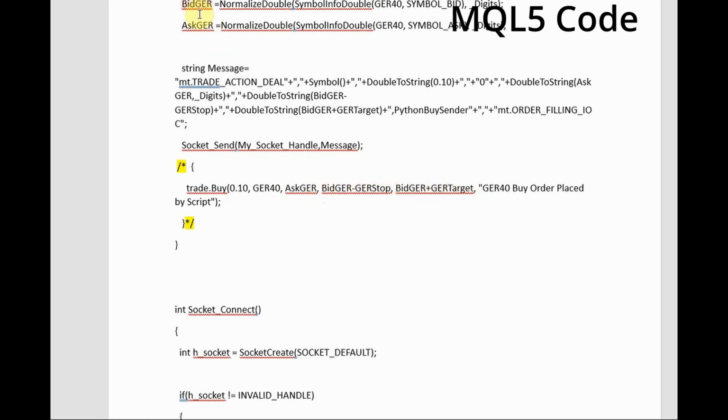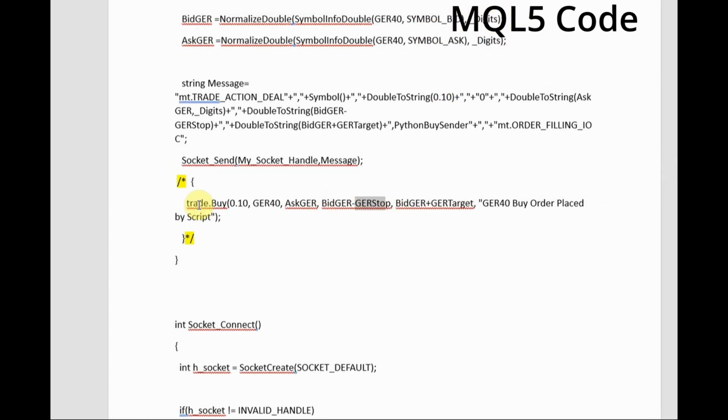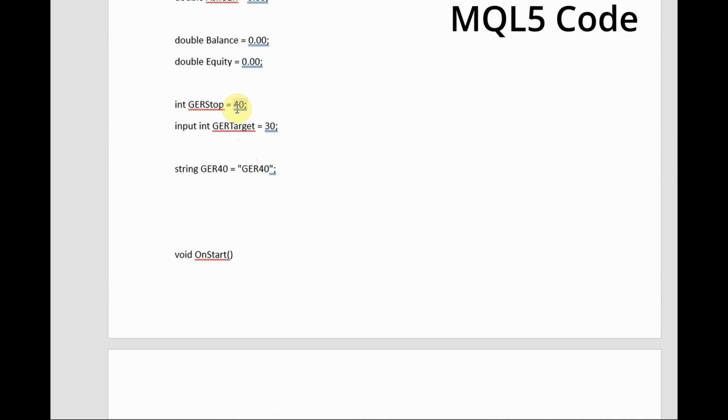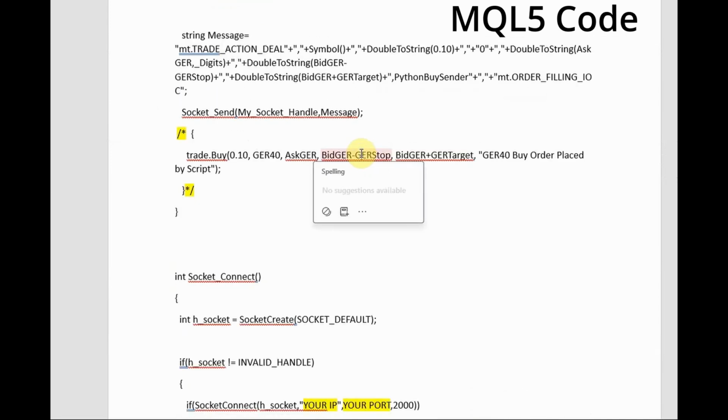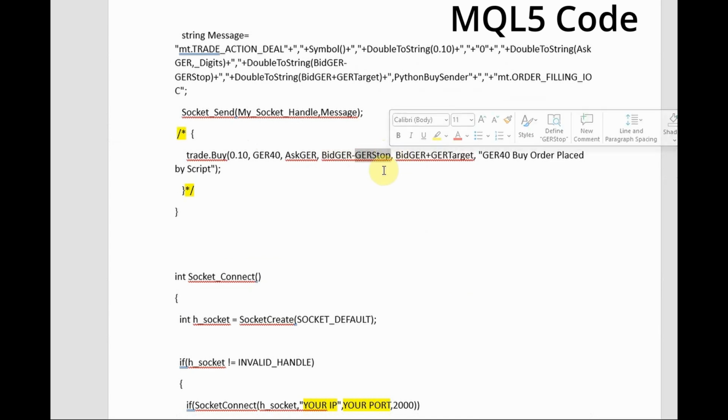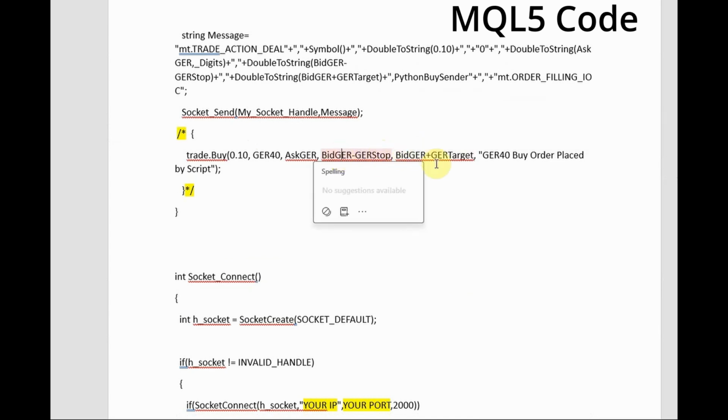So we've got the bid, which we've called up here, less the stop, which is GR stop, which is 40. It's just an integer. You may actually get an int to double error on that, but it still should work. You've got the bid price plus the target, which, as I mentioned earlier, is the 30 points as an input.